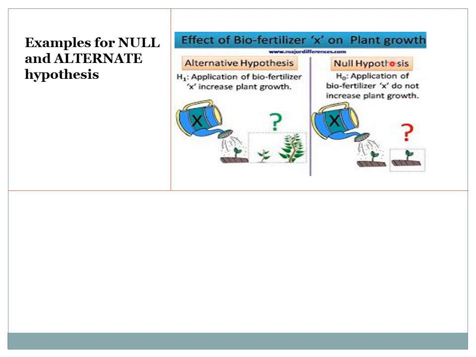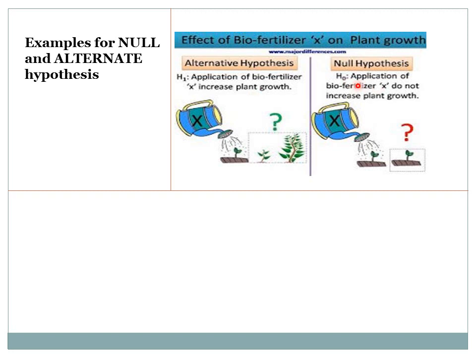This is my null hypothesis. Correct? It may be true. If this is not true, what is my alternative hypothesis I can assume here? My alternative hypothesis is the application of the biofertilizer X increases the growth of the plant. Correct? So always my null hypothesis is like the negative term what I should take.